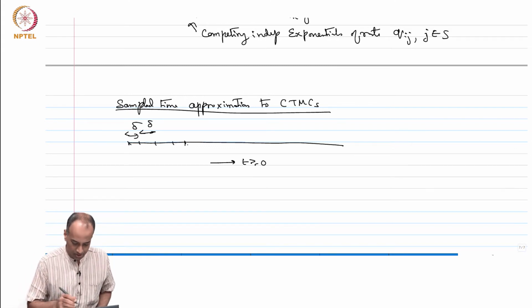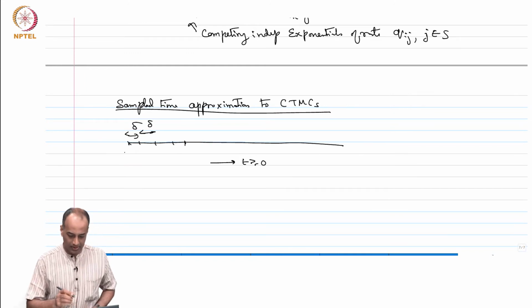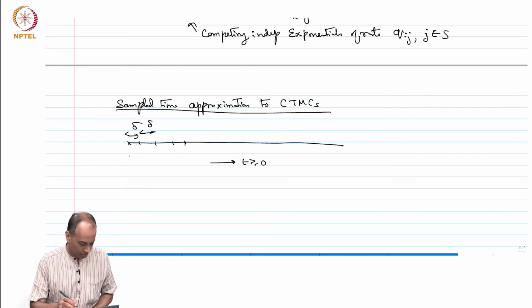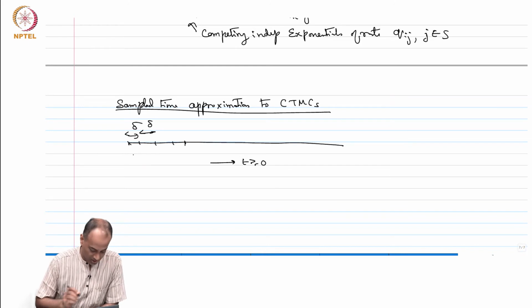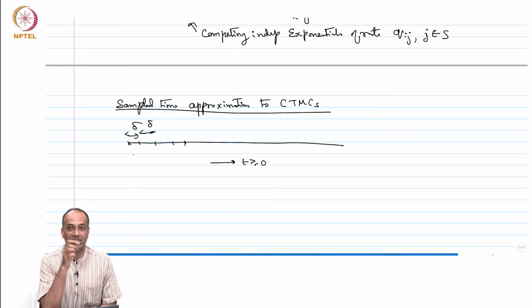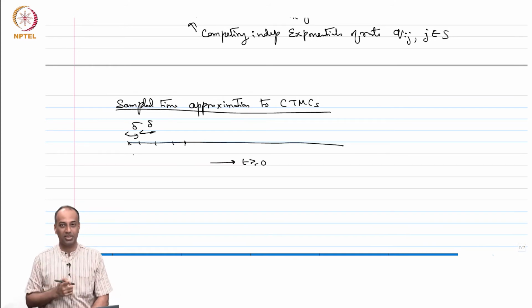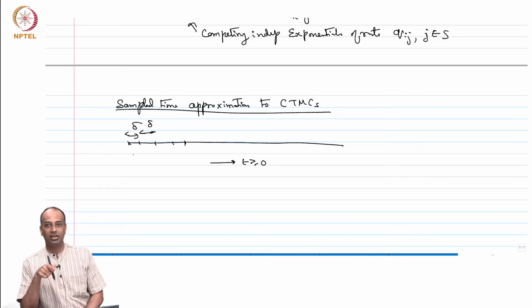I do not want to call it Xn again, because the Xn are the embedded Markov chain. Now, this is a time sampled approximation. This will also turn out to be a DTMC, but it is a different DTMC from the embedded DTMC.